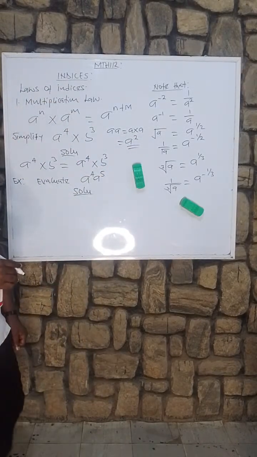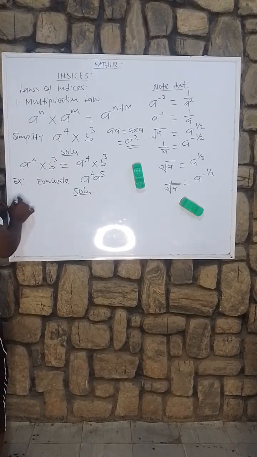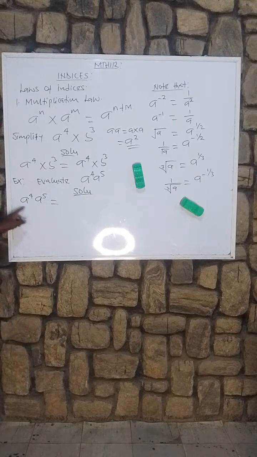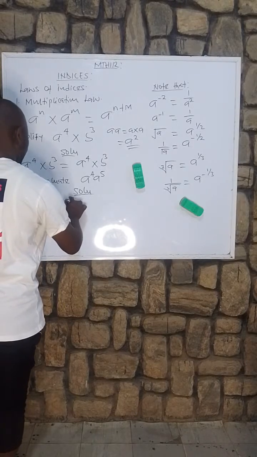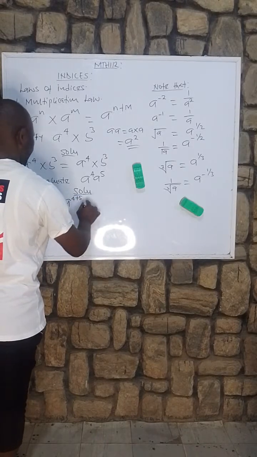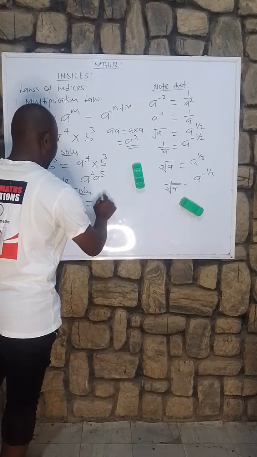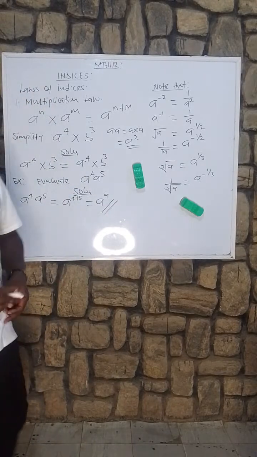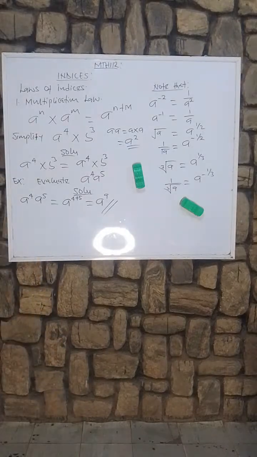Amen? Okay? So a raised to power 4, a raised to power 5, since the bases are the same, we are going to have a raised to the power of 4 plus 5. This is equals to a raised to the power of 9. Amen? Any question, please? If you have any question, please ask.